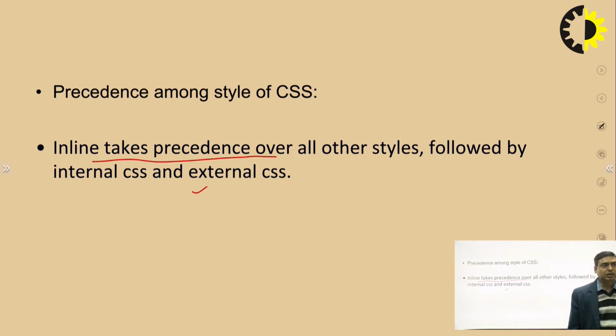So you must take care: if a property is defined in external CSS, it can be overridden by the internal CSS and it can be overwritten by the inline CSS. Inline CSS has the highest precedence, then internal, then we have the external CSS.